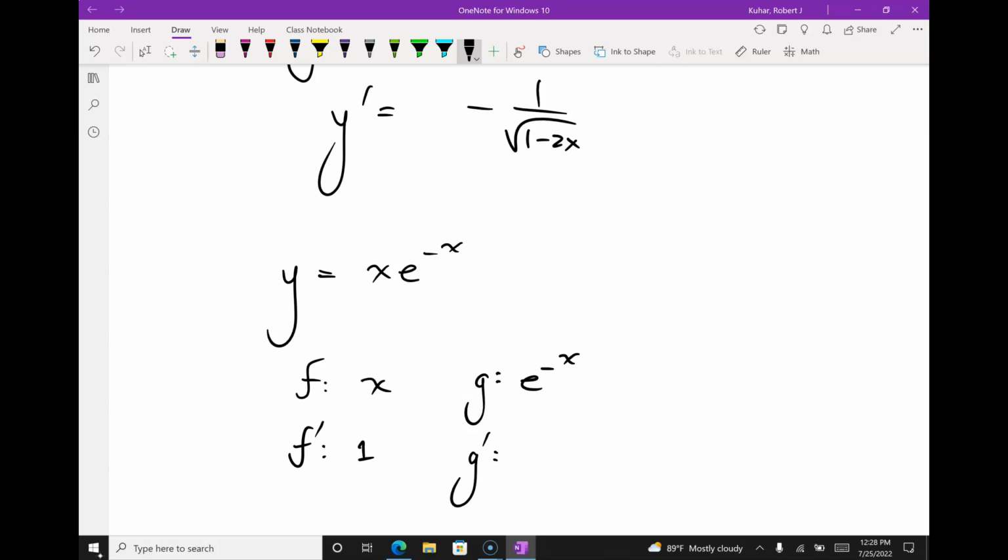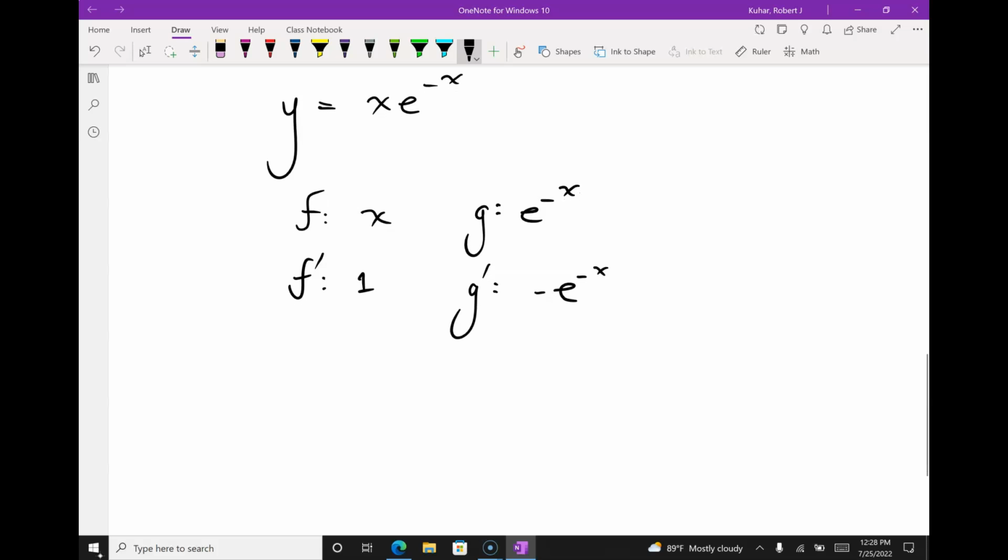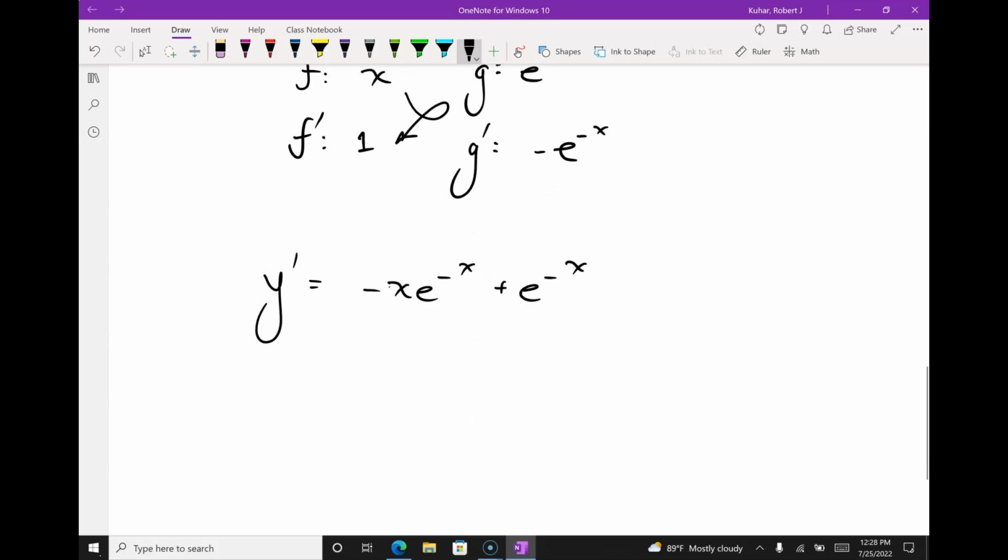What's its derivative? E to the negative x times negative 1. Right? Derivative of the inside is negative 1. Oh yeah, product rule. So I have negative x e to the negative x plus e to the negative x. I'm going to factor out the e to the negative x times 1 minus x.